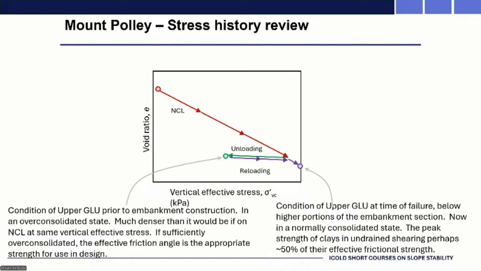And it probably got to the point where you'd got sufficient of this previously over-consolidated material transitioning into a normally consolidated state that you could then generate a potential failure surface which was similar to what you'd get in plane strain. In other words, it wasn't so localized that it was a 3D effect.